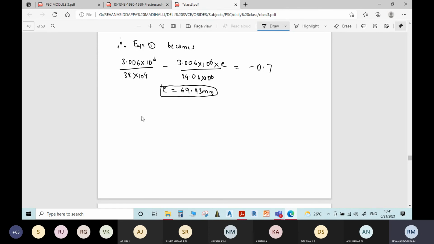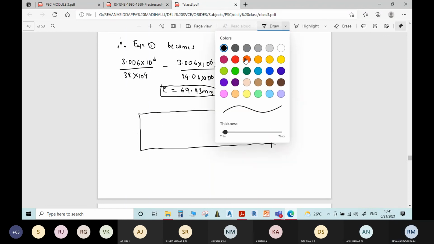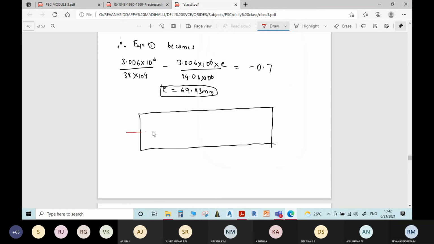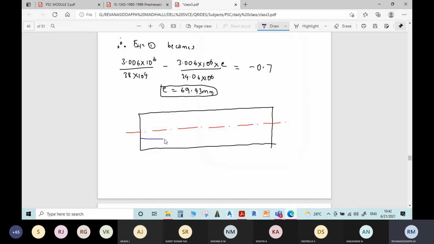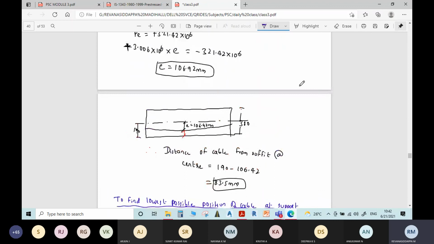Okay, so you can draw one more diagram representing the eccentricity at the support. Okay, here at the center it is 106.42.